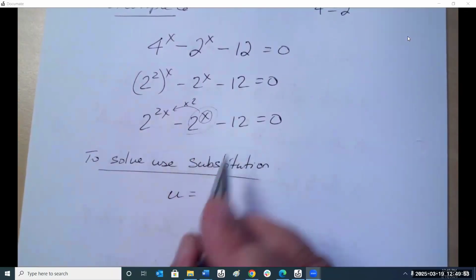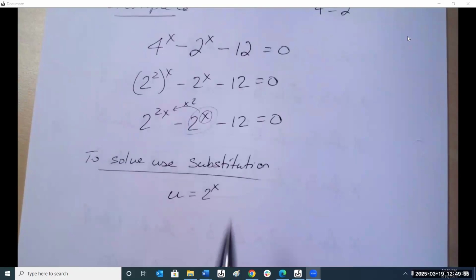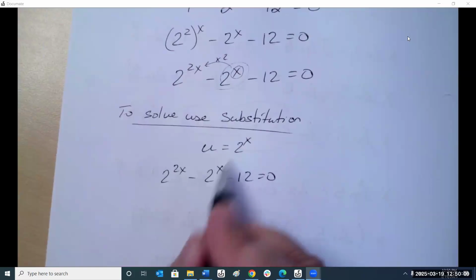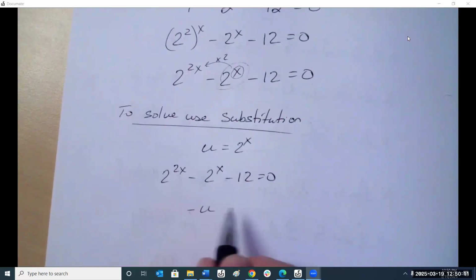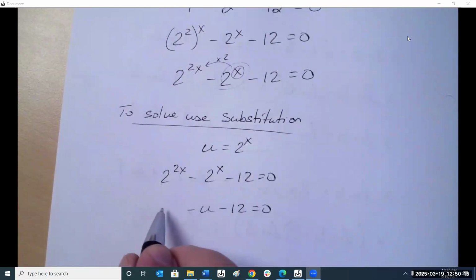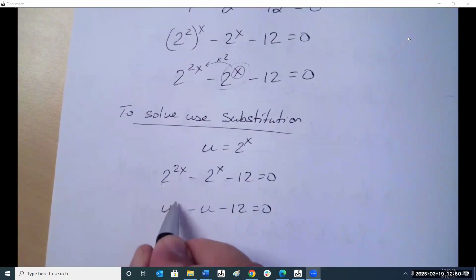Let's say u is equal to 2 to the power x. So since u equals 2 to the power x, that means this one is u squared.